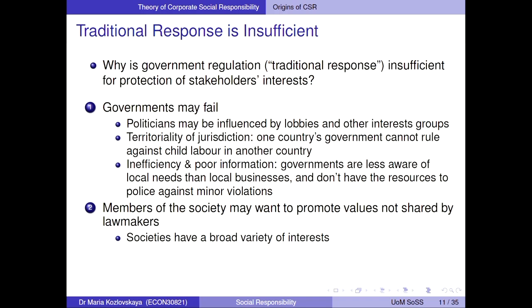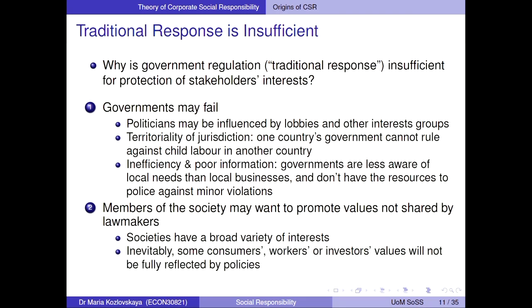So the society as a whole always has broader interests than the government and the elected representatives, and they might want to campaign for those interests outside of the government regulation route. So these consumers, workers and investors whose values weren't represented by the government, they will become activists.